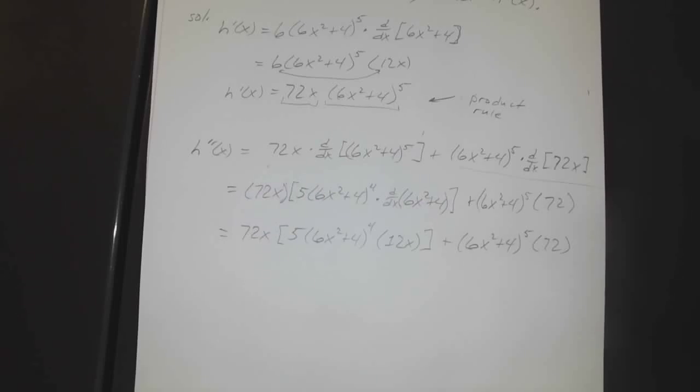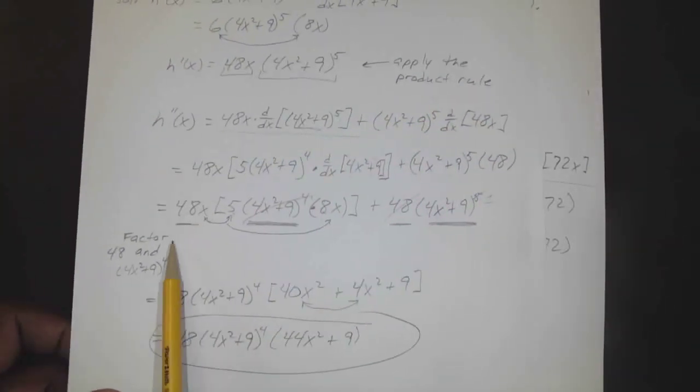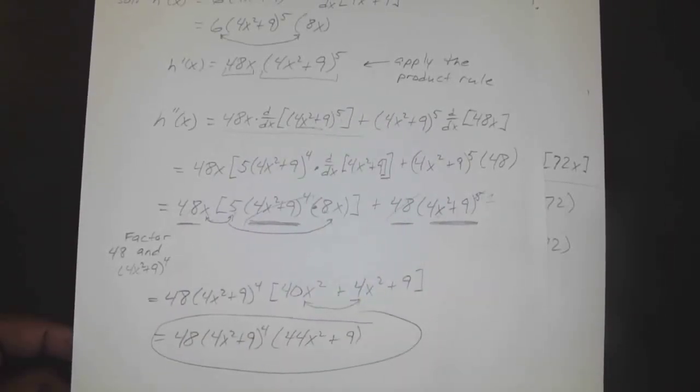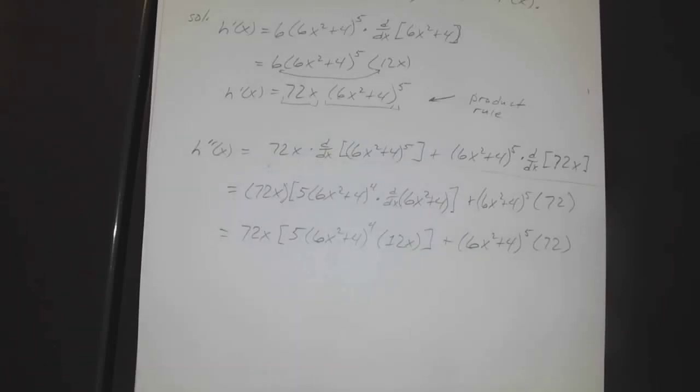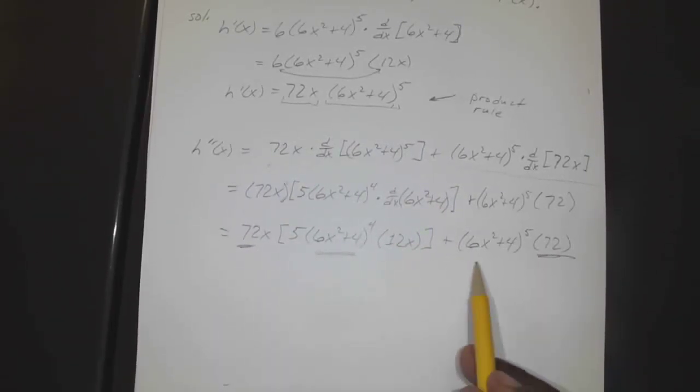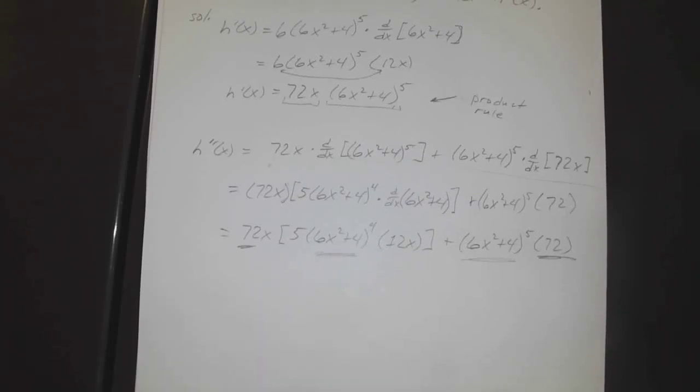Okay, so if you look back at the previous example, by the time we got to this point, we could factor out a 48 and a 4x squared plus 9 to the 4th. Here, we can factor out a 72 and a 6x squared plus 4 to the 4th. So it's kind of repeating the steps.